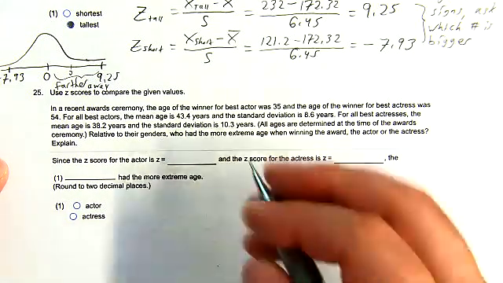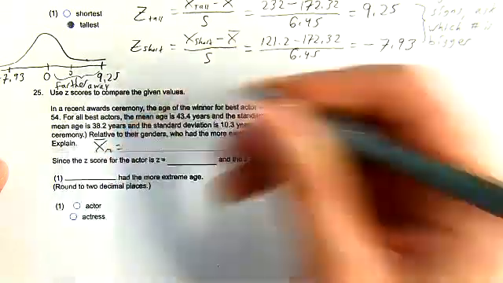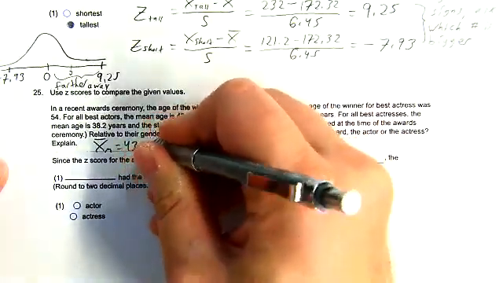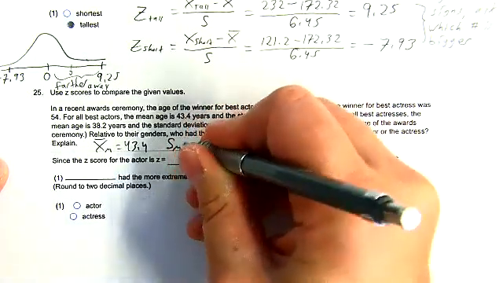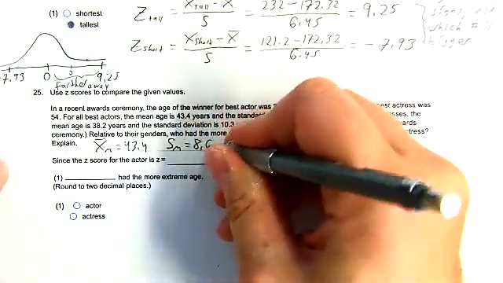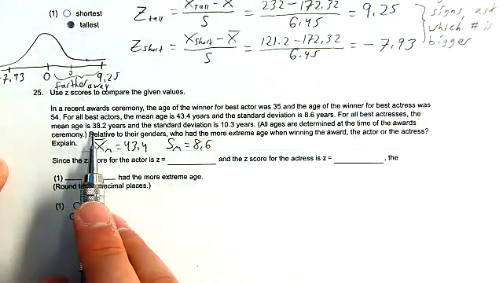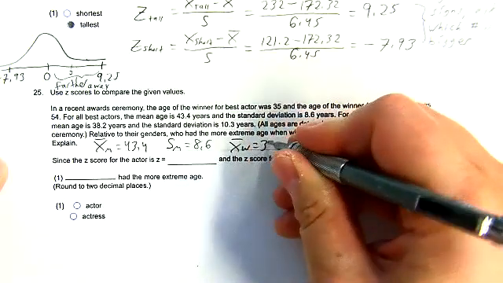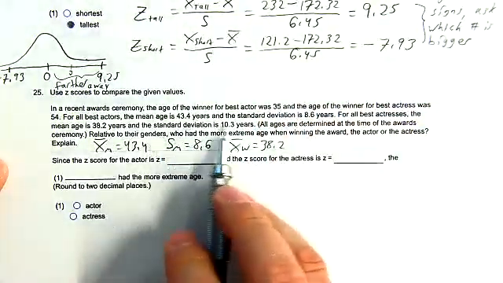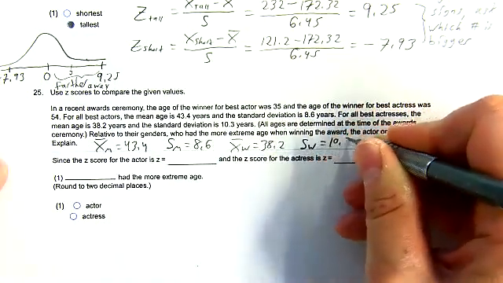So X bar men is 43.4, and the standard deviation is 8.6. So S of men, you have to kind of delineate men and women here, otherwise you'll get confused. For all Best Actresses, the mean age is 38.2, so X bar women, 38.2. Standard deviation for women is 10.3, so that's S women, 10.3.